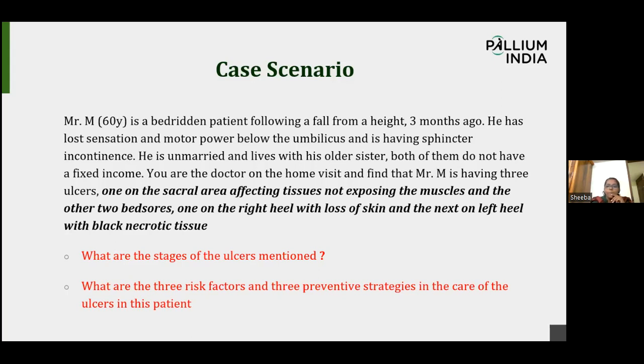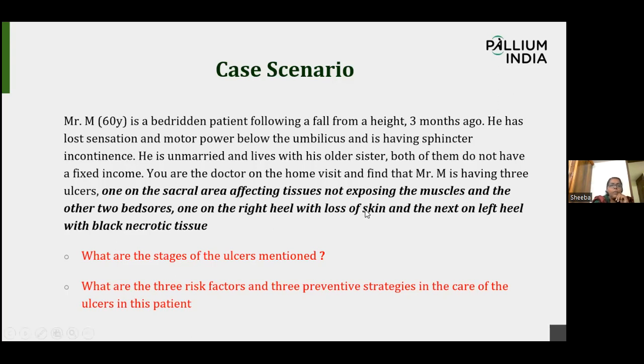Then, he is unmarried and lives with his older sister. Both of them do not have a fixed income. So lack of nutrition is another problem here. So lack of protein intake in their diet is the third reason for getting pressure ulcer.